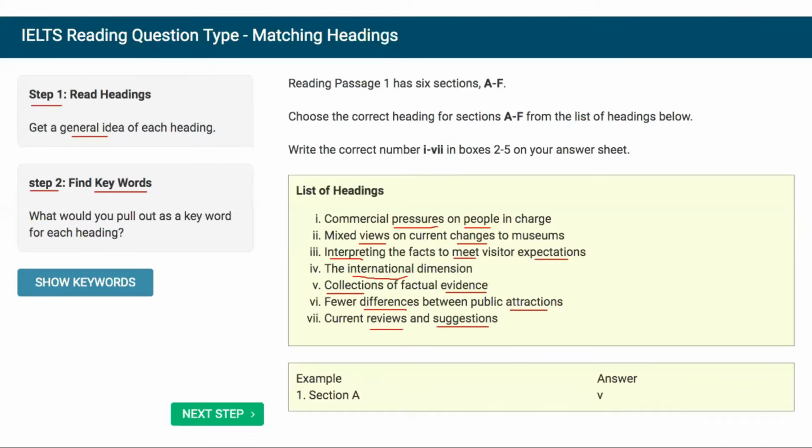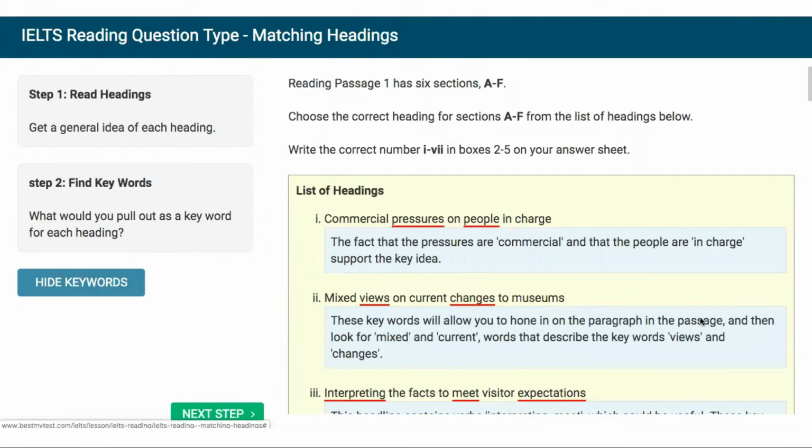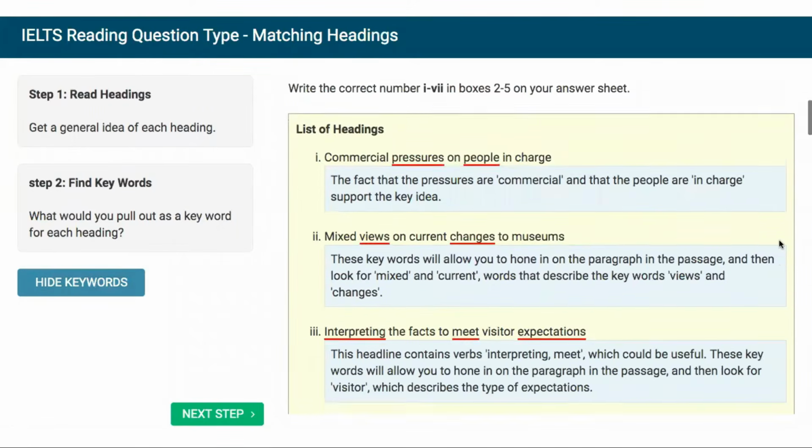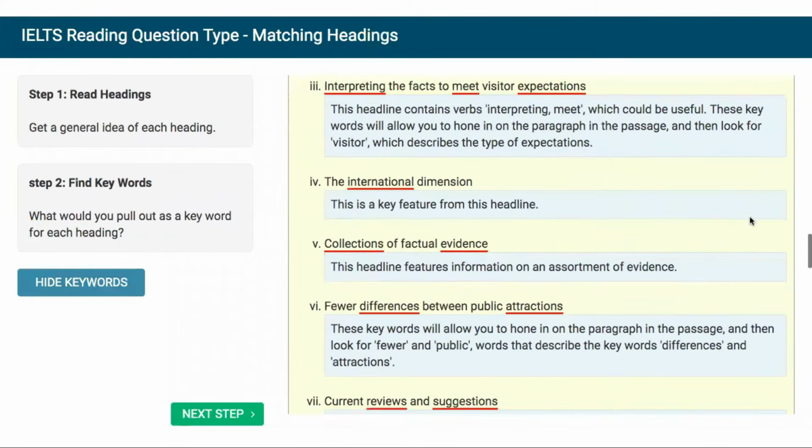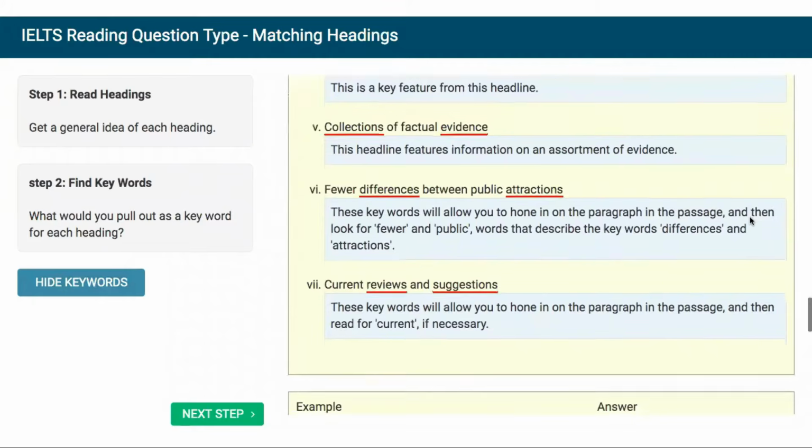Okay, now let's check our answers. I will clear our screen just to give us a better idea. And if you click here to show keywords, you see the keywords that were chosen with an explanation. And this is basically what we have just done. Okay.